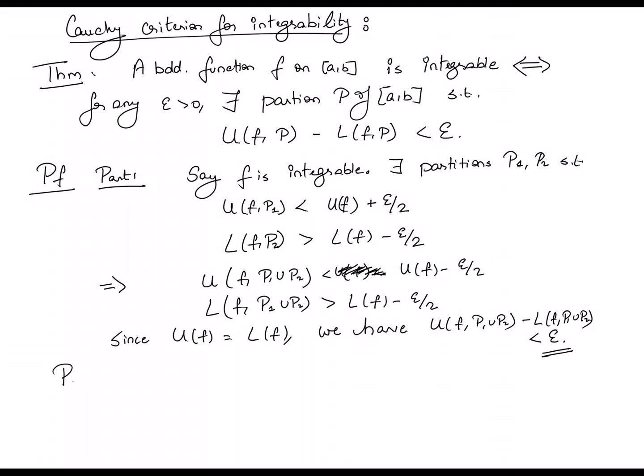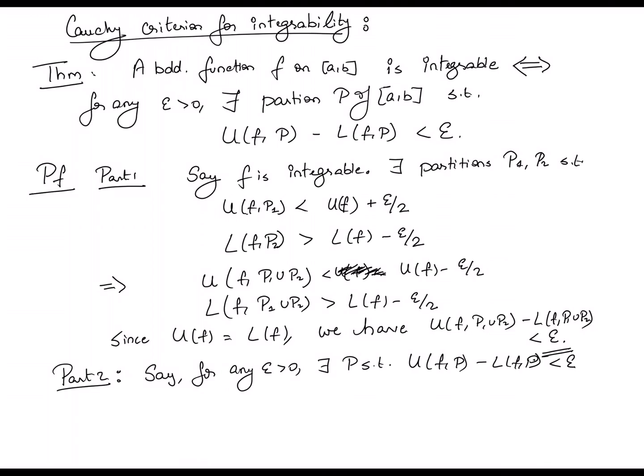The other side would be to assume that this condition is true and then show that U(f) is equal to L(f). So suppose for any epsilon greater than 0, there exists a partition P such that U(f, P) minus L(f, P) is less than epsilon.